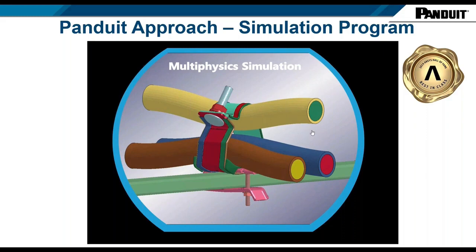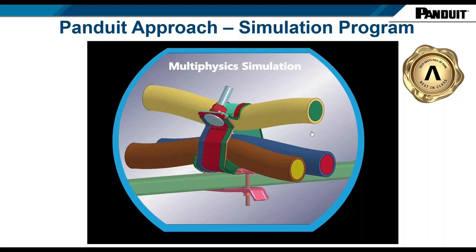So what we've developed is a piece of multi-physics simulation software where we put in not just a generic cable, we will model in your cable. So the right conductor, the right amount of strands, the right amount of material, the right jacket with the right shore hardness. We then put our cleat in with all of its known properties.